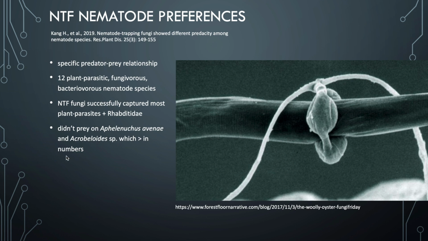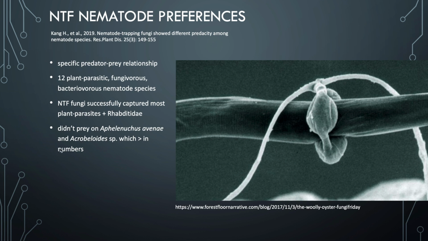So while other nematodes were being consumed, these two species increased in numbers. So as the fungi fed on all these nematodes, Aphelenchus avenae was profiting from the fungal biomass that was being developed in this process. So Aphelenchus avenae was happy to consume the fungi that benefited from predating on the nematodes.